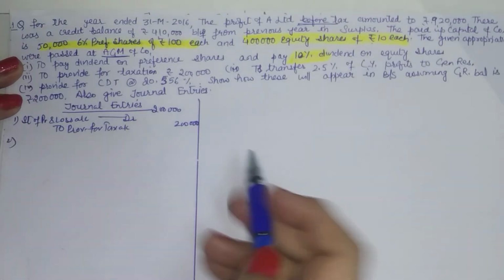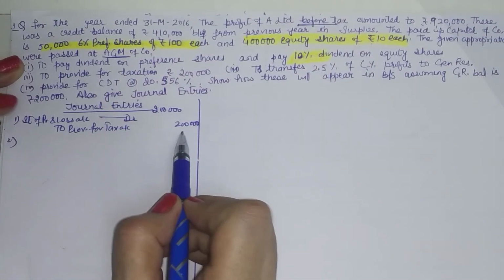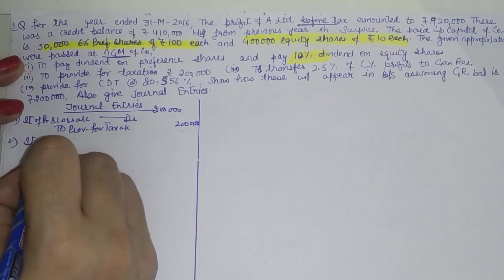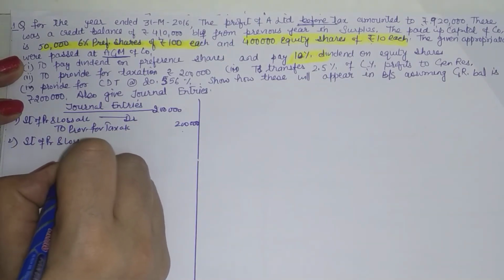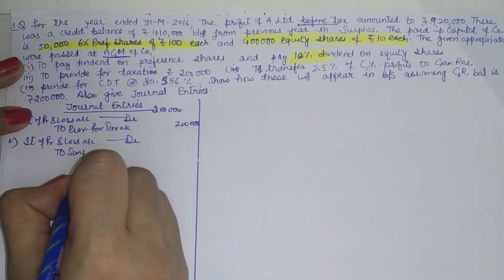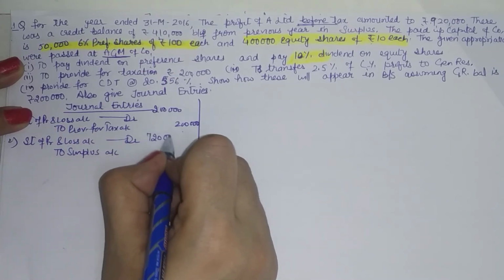Second is that out of your profit of 9,20,000, if you provide for taxation 2 lakh, it means your profit left is 7,20,000. So out of your statement, this profit will now be taken in the surplus account. So this is now put into surplus account, 7,20,000.